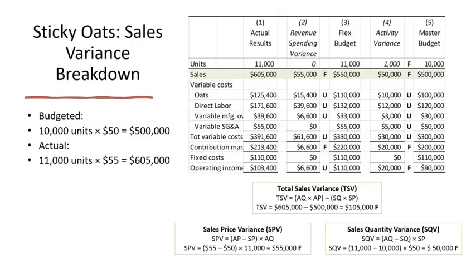That gives us a total sales variance, or TSV, of AQ, actual quantity, times AP, actual price, minus the standard quantity, SQ, times the standard price, SP. Or in other words, $605,000 minus $500,000 gives us the total variance of $105,000. And that's favorable, more than what we planned.